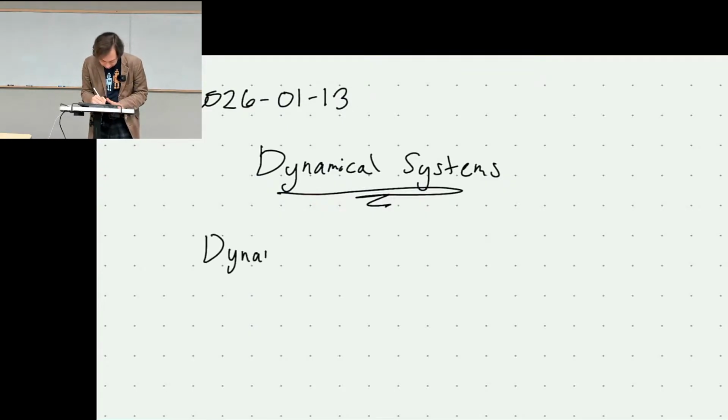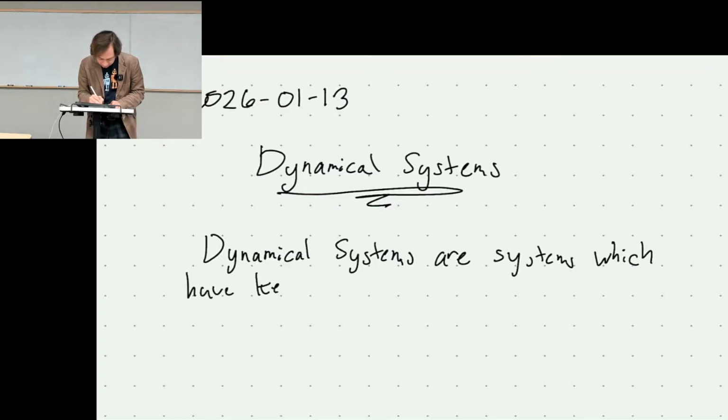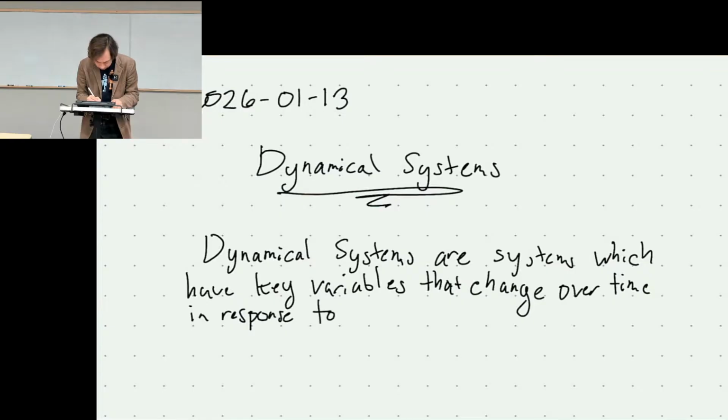Dynamical systems are systems which have variables, or called key variables, that change over time in response to stimuli or initial conditions.